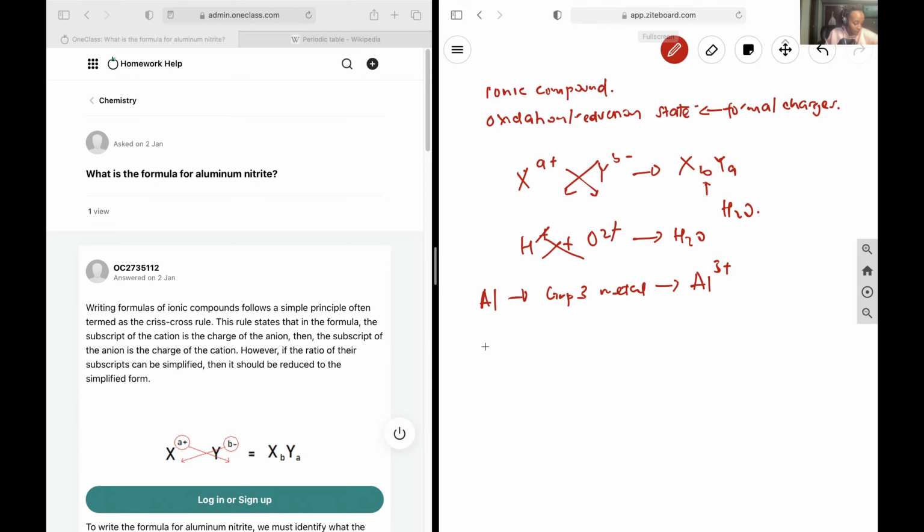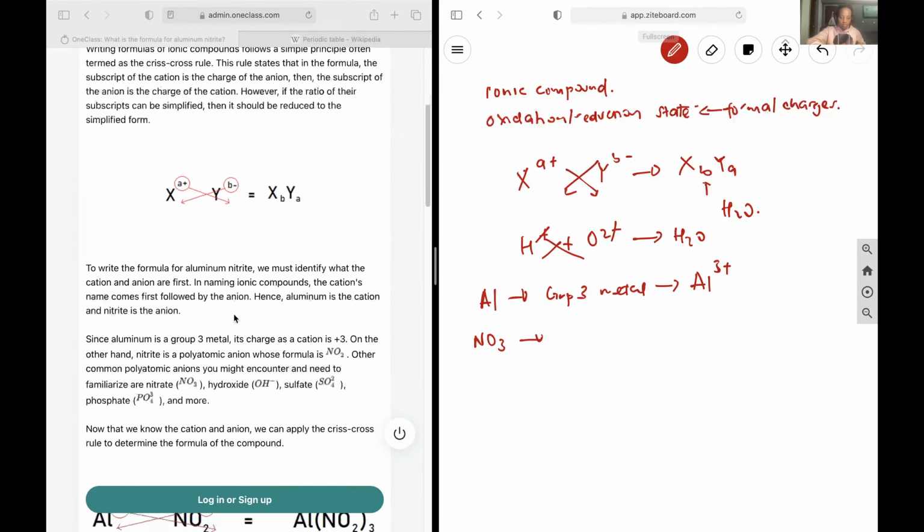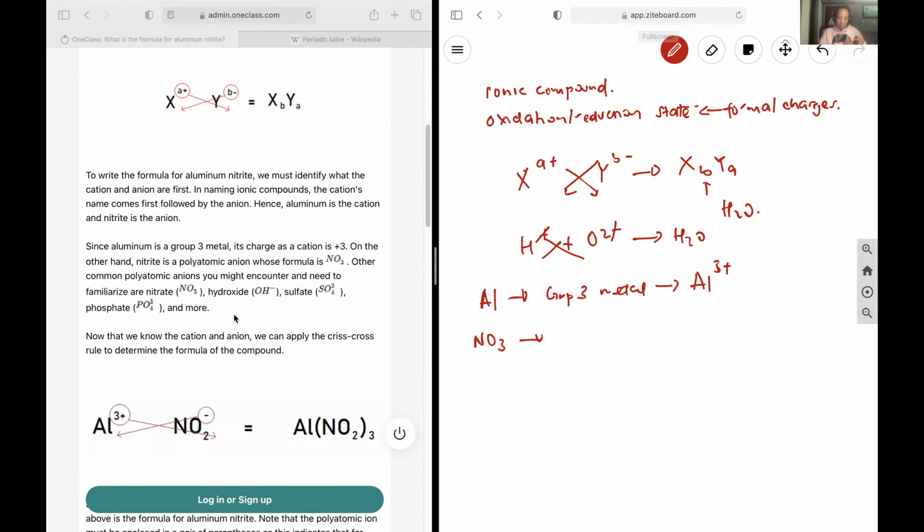And for nitrite, we have a list here of common ions like hydroxide and sulfate and nitrate, and phosphate, and they just have commonly known charges. So for NO3, it's NO3 minus that is known as its charge.